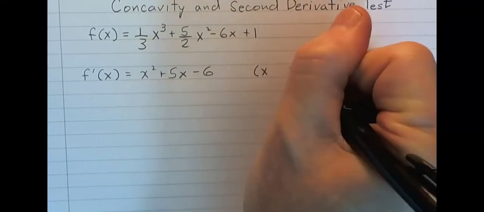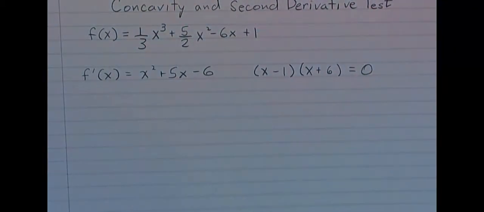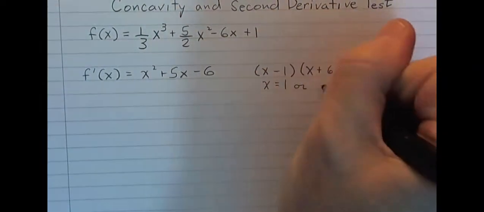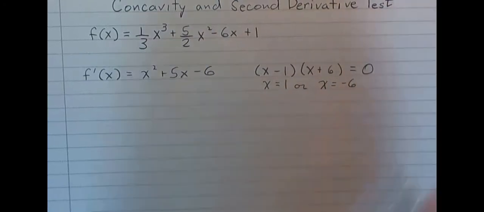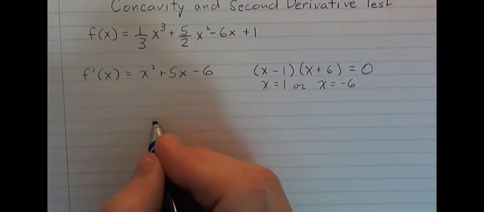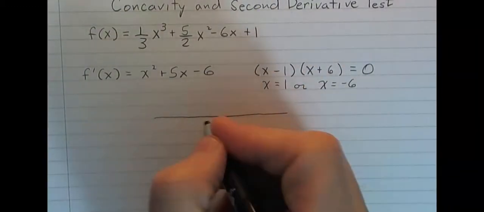Okay, so I'm going to go ahead and factor it. There we go. There's the factorization. And we get x equals 1 or x equals -6. These are critical numbers. Now, what I do with those critical numbers is I like to use those to divide up the number line.